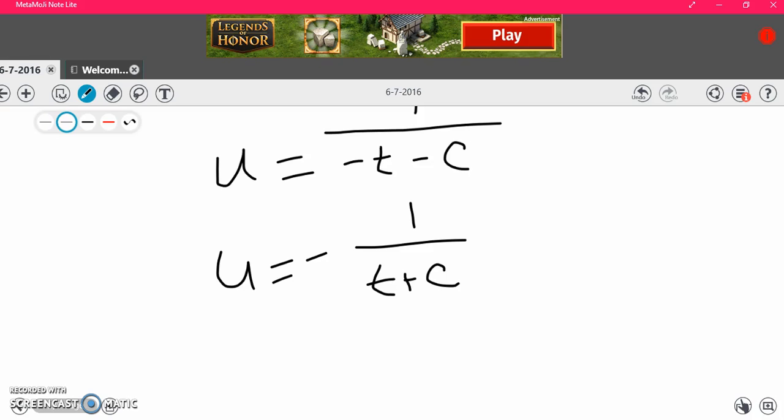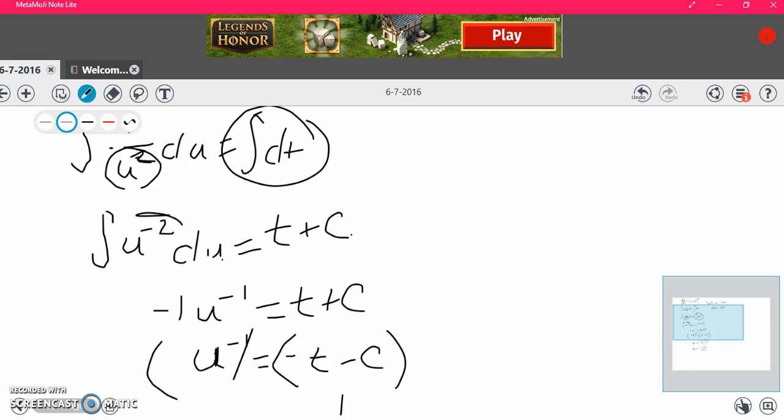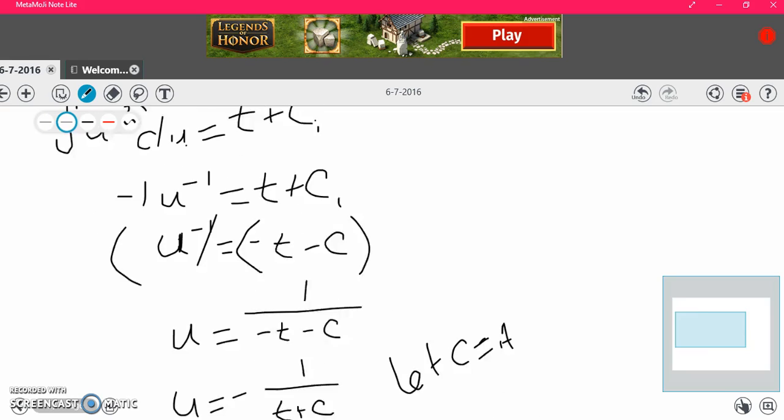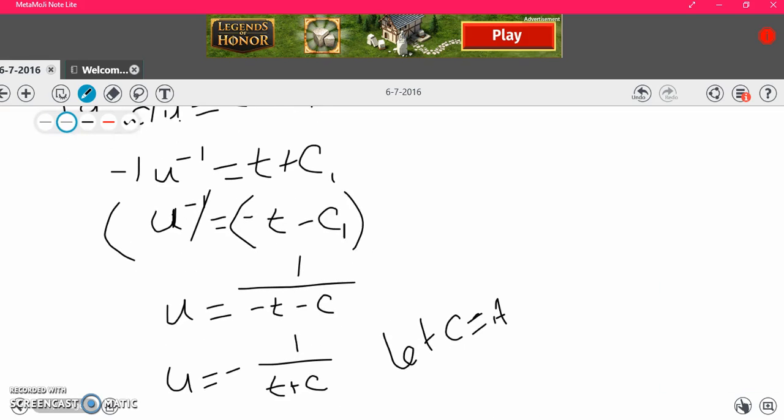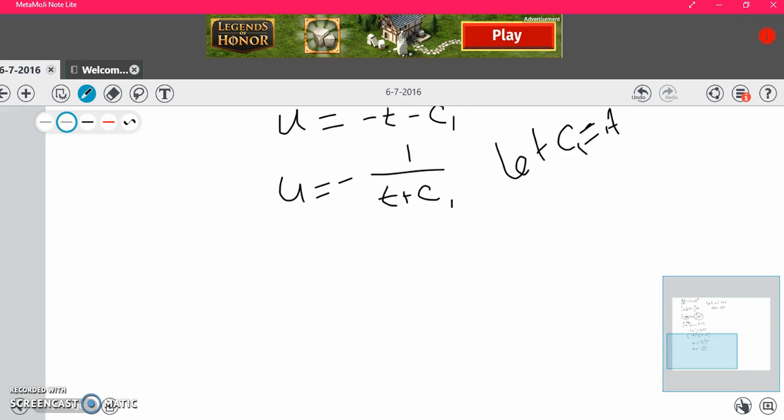Okay. So now we're going to take c, and I'm going to go back a little bit and make these all c1. That way we don't get a little confused in the next couple steps. So now we have c1 equals a.